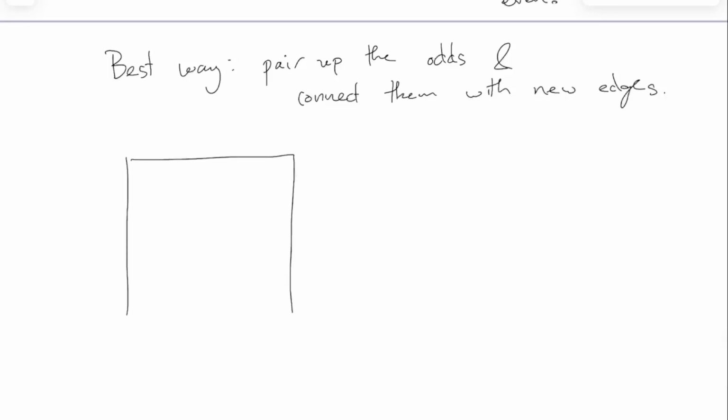I know it's time to go in a few minutes, but we'll talk more about this next time. For example, here is a graph. How many edges do you need to duplicate in order to Eulerize the graph? So the first thing you should do is find the odd degree vertices, because those are the ones that you should be concerned about.